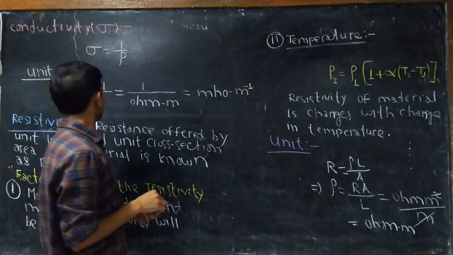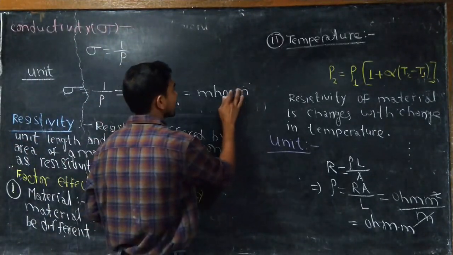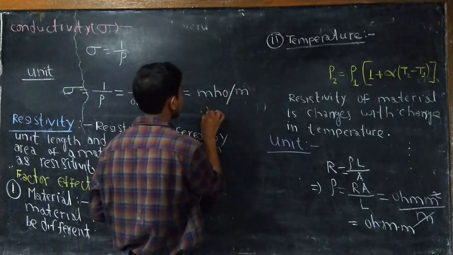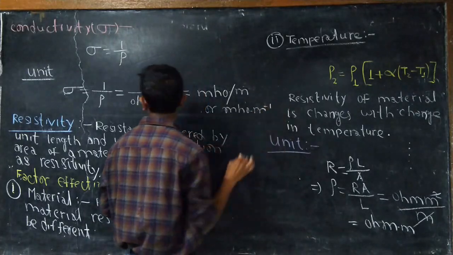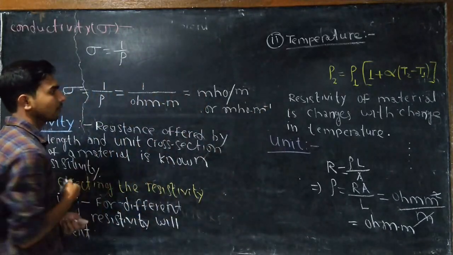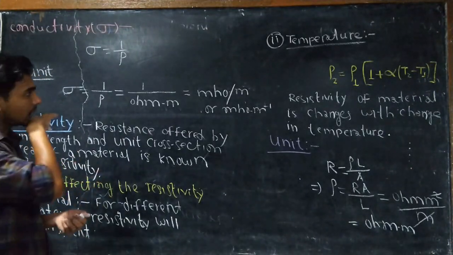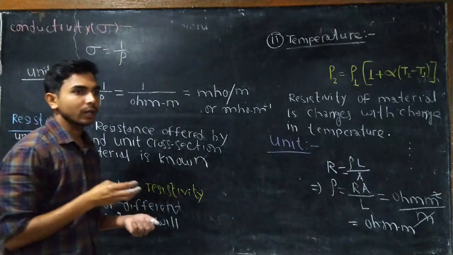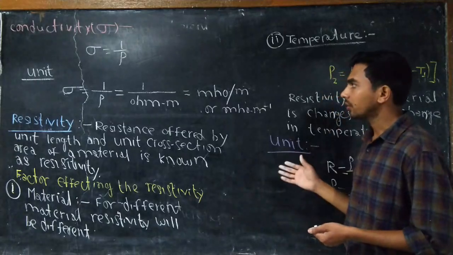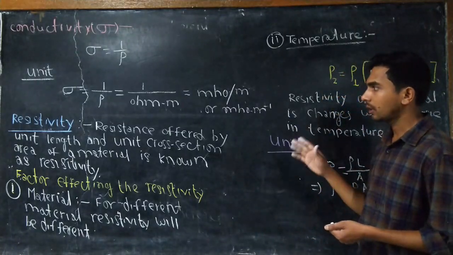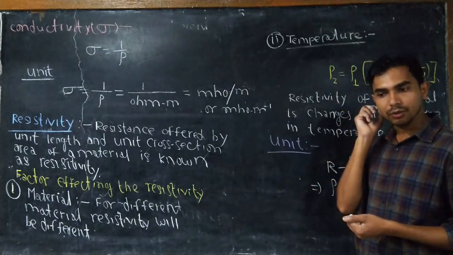This is your unit of conductivity, or we can write mho meter to the power minus 1. These are some basic things regarding resistivity, conductivity, resistance, and conductance. I have discussed the units as well as what each is, so try to remember it.